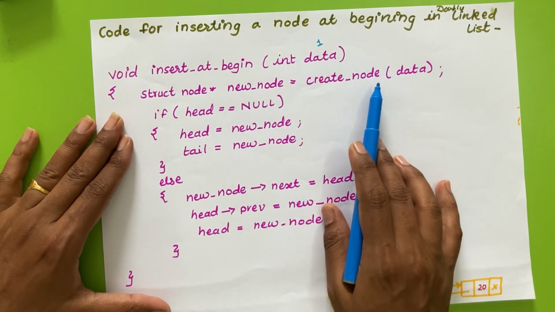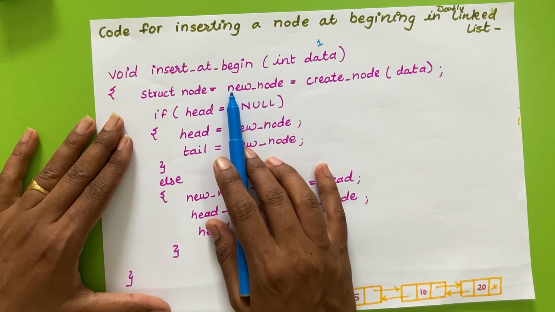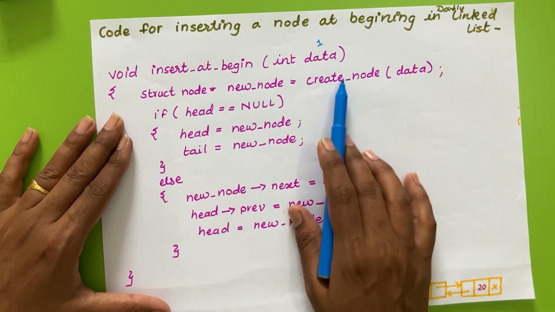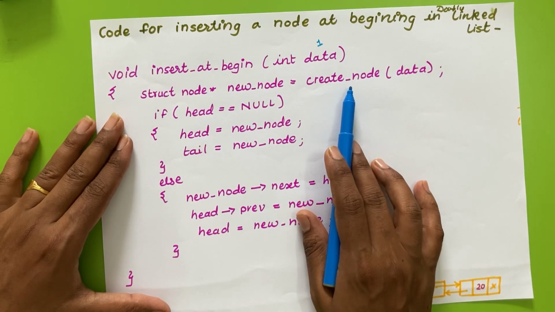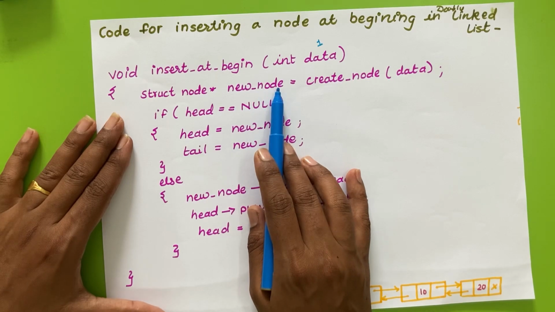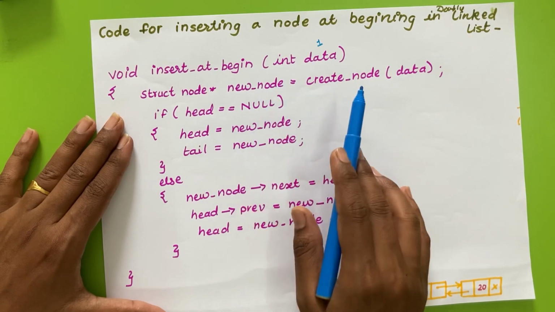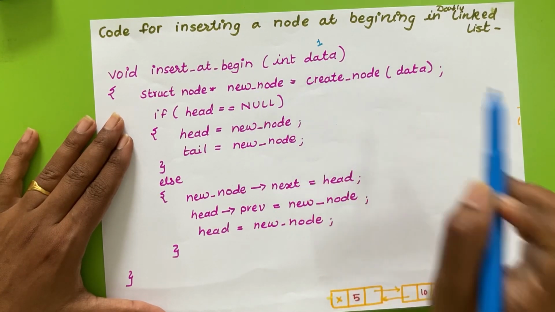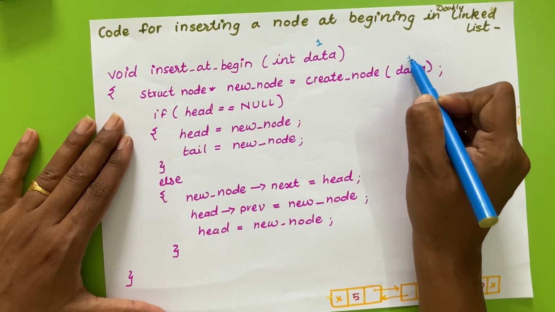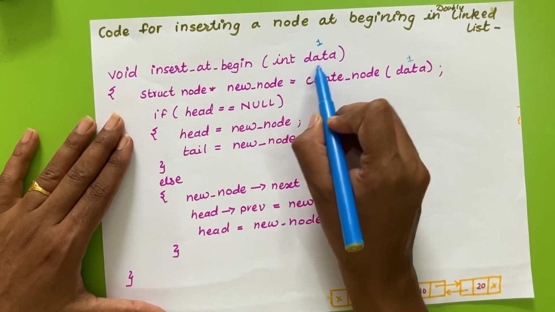This function returns a node that will be stored in the new node pointer. Got it? So for creation of a node, data will take the value that is passed from this parameter.